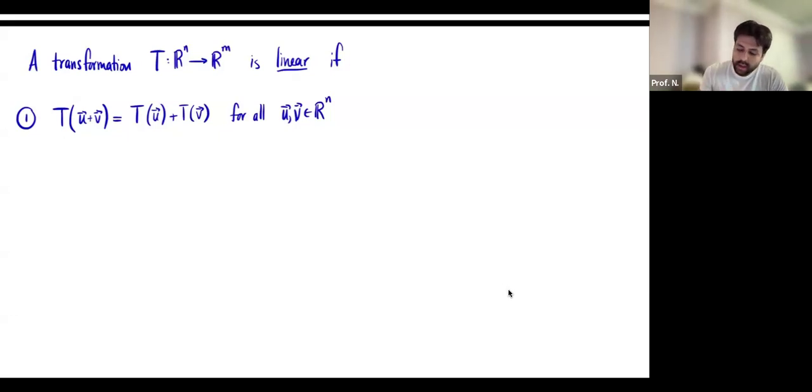So if you take anything in R^n and add these things together, when you apply the transformation to that sum, it's equal to the sum of the images. Remember that's what this means. The image of V under T is given by this notation, T of V.